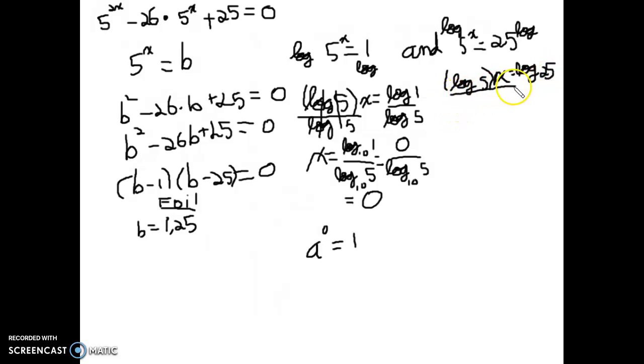And so once again we can divide by log of 5 on each side to get the value of x. We can cancel these out just like we did in the previous scenario, and then x is equal to log base 10 of 25 over log base 10 of 5.